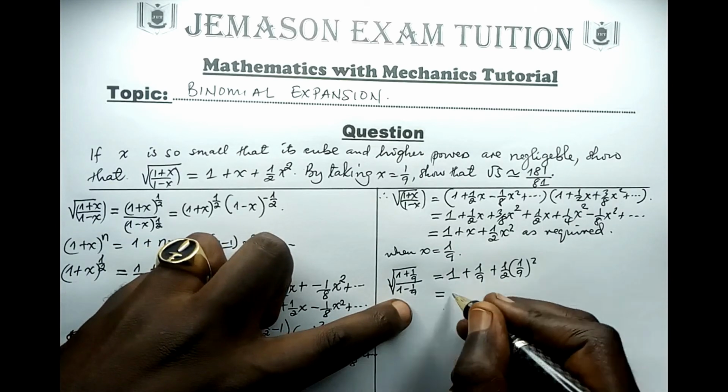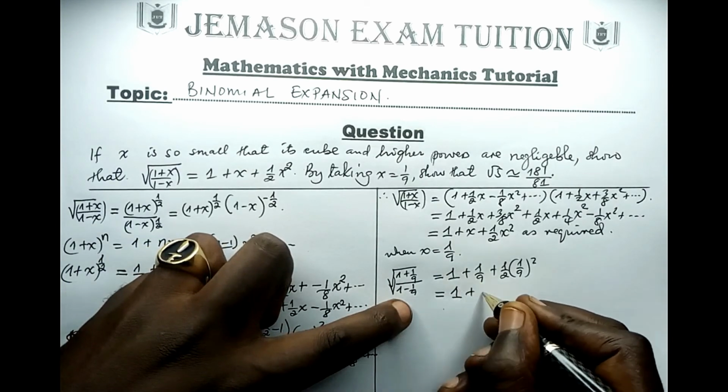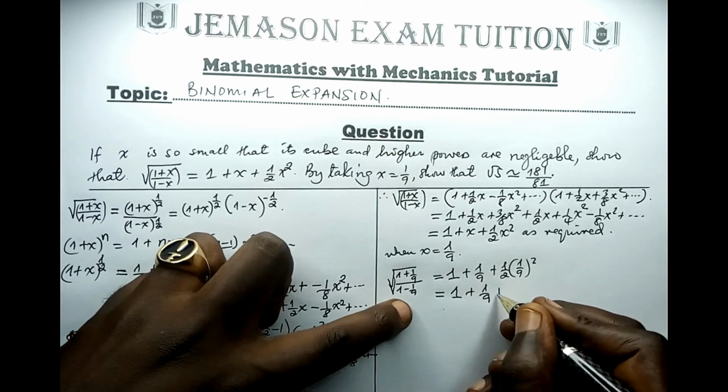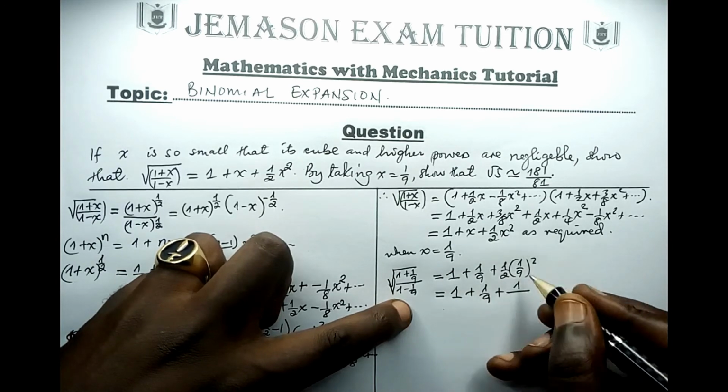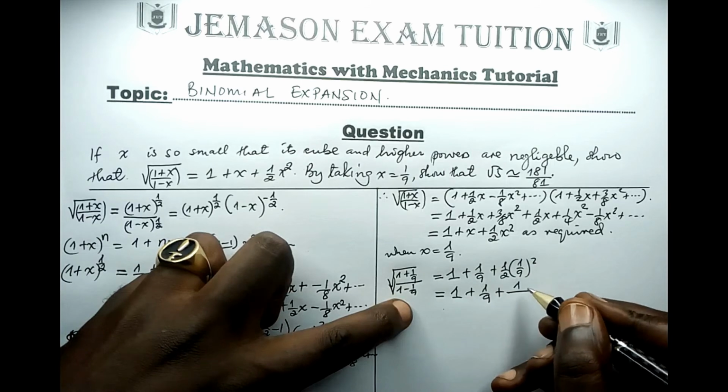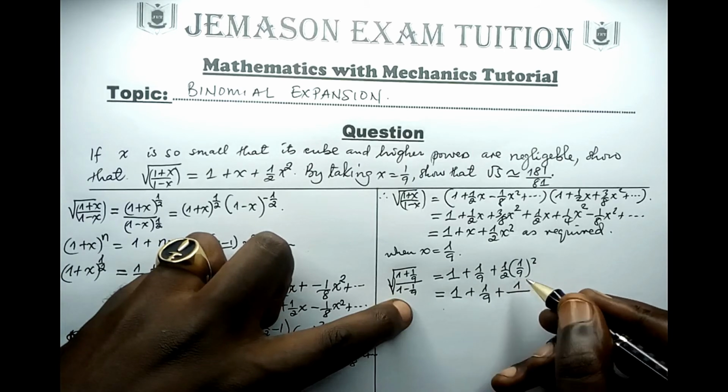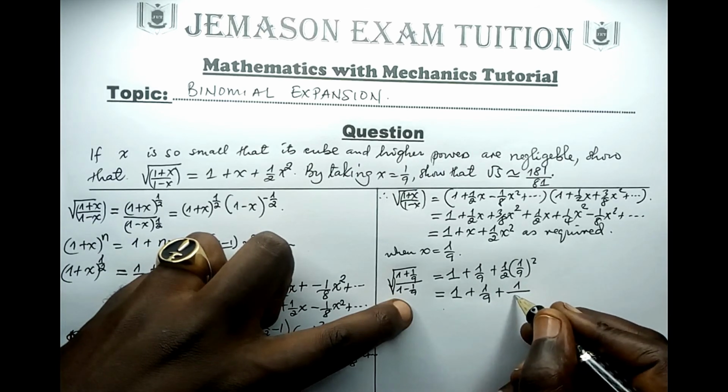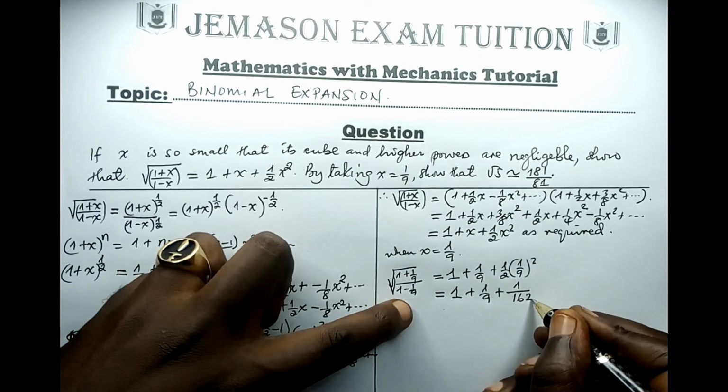And this gives 1 plus 1 over 9 plus half times 1 over 81, since 1 over 9 squared is 1 over 81, and half times 1 over 81 should give 1 over 162.